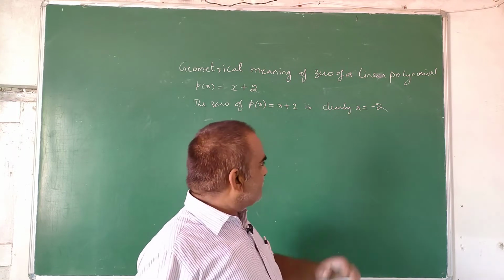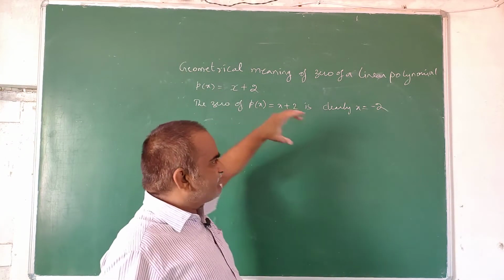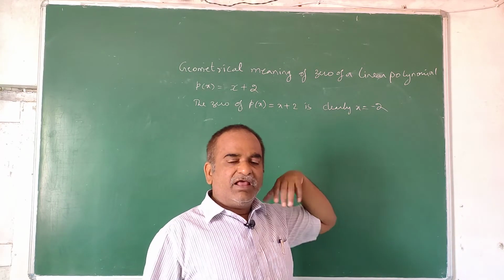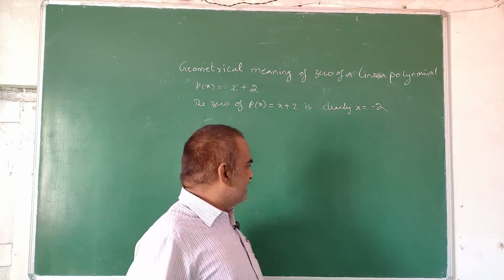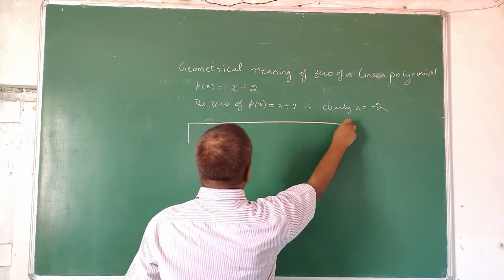That is why x is equal to minus 2 is the zero of the polynomial. So for this zero of the polynomial we are going to see the geometrical meaning. So now let us take the graph of this polynomial.